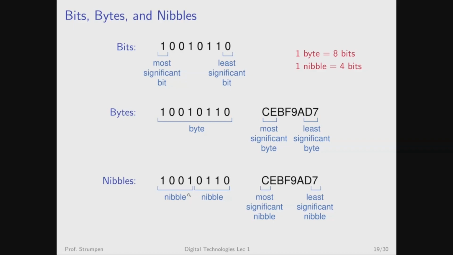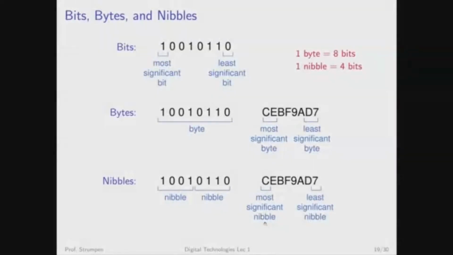And 1 nibble of 4 bits can also be represented by 1 hexadecimal digit. So if we are given a hexadecimal string of digits, the least significant hexadecimal digit is also referred to as the least significant nibble, and the most significant hex digit also as the most significant nibble.